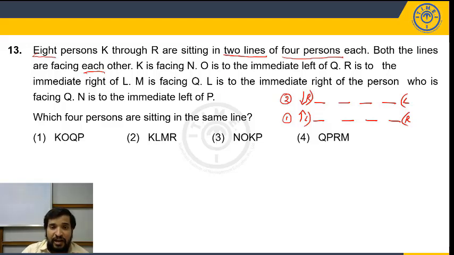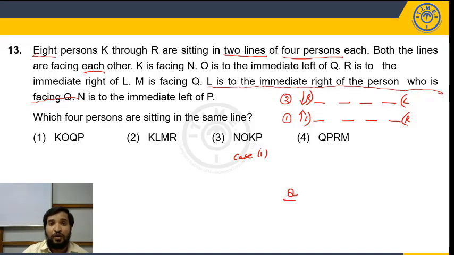Now see the next. L is to the immediate right of the person who is facing Q. So from this point we can say Q's opposite person's immediate right should be L. Now here I am going to get two cases. In case 1, let us assume that Q is facing north.